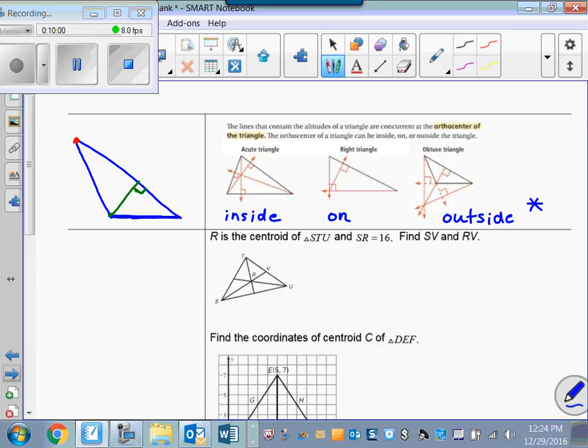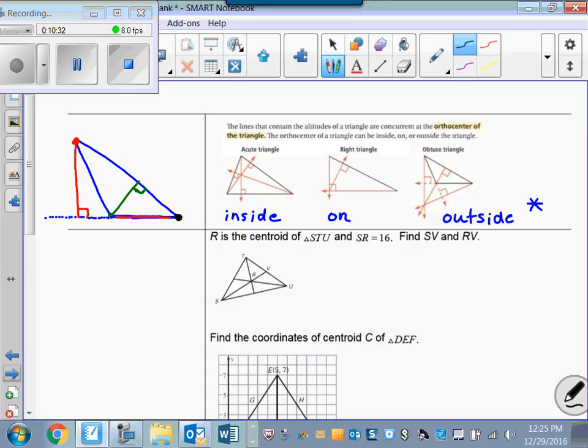So what do I have to do? I actually have to extend this side of the triangle, and then I can drop the perpendicular. So there's the altitude that goes from this vertex to the line that contains this side of the triangle. So when you have an obtuse triangle, you have to extend two of your sides. Now let's look at this vertex we haven't chosen yet.